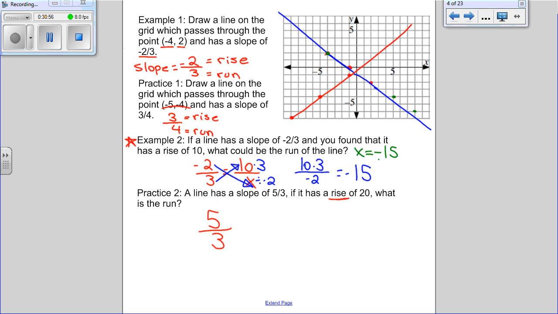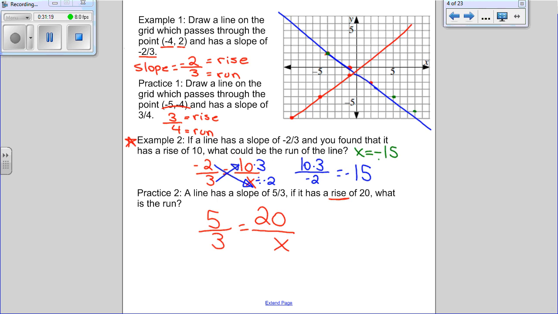So just understand they could use different words, but at the end of the day, they always mean rise and run. They said the rise is 20, so I put that on the top. What is the run? So x goes on the bottom. When you look at that, you could do it the ratio way. The way to get from 5 to 20 is to multiply by 4. So then 4 times 3 would be your answer.